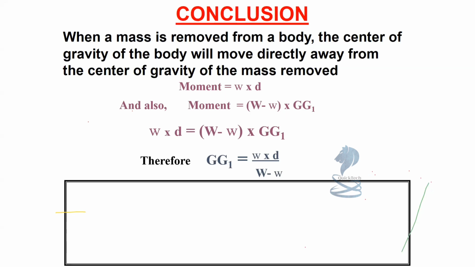As we know, moment is defined by the formulas below. Moment is equal to W into d, and also moment is equal to (W minus w) into GG1.